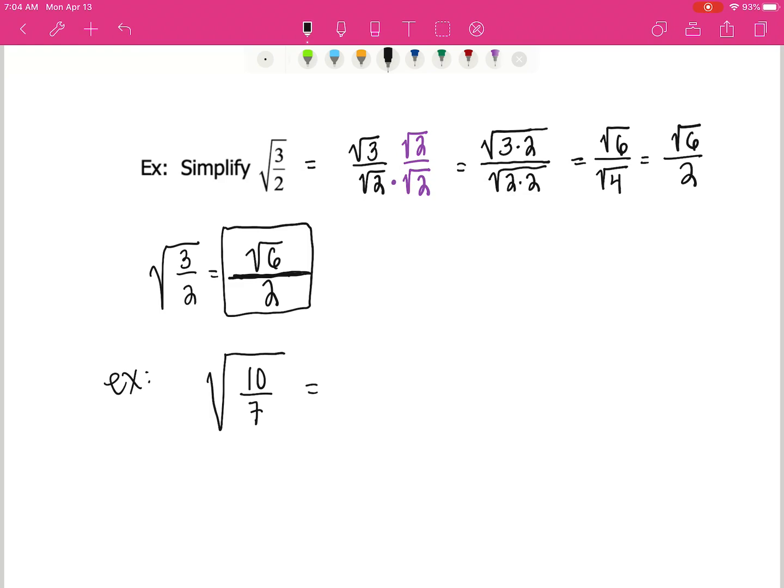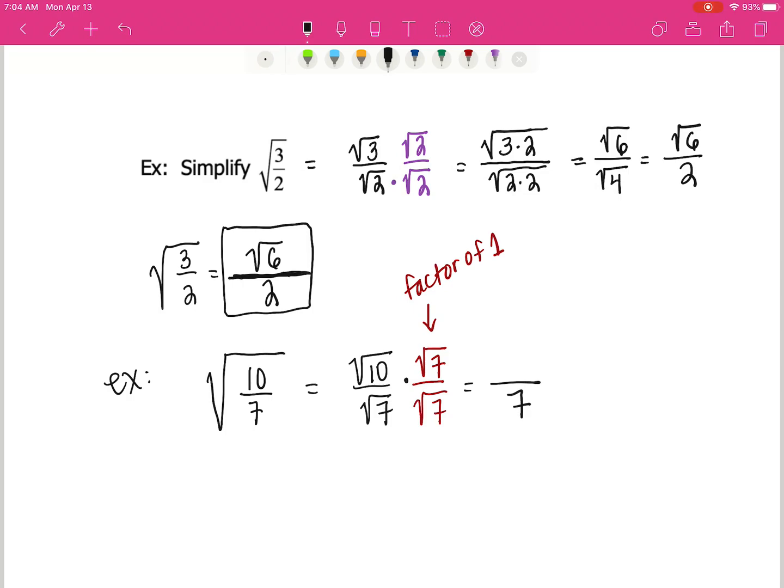The square root of 10 over 7 is the same thing as the square root of 10 over the square root of 7. I'm going to multiply the denominator by the square root of 7, which means I have to multiply the numerator by the square root of 7, so that I'm multiplying by a factor of 1. Now the reason I do this is so that I don't have a radical in the denominator.